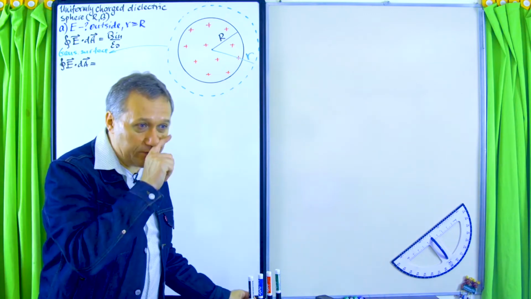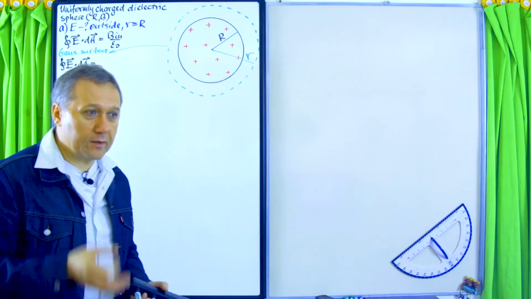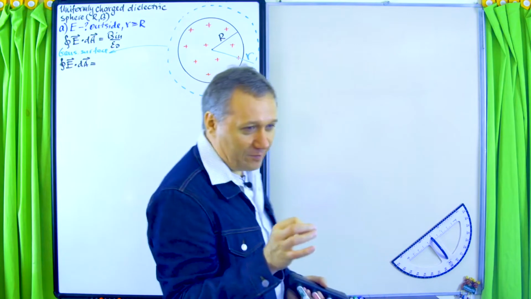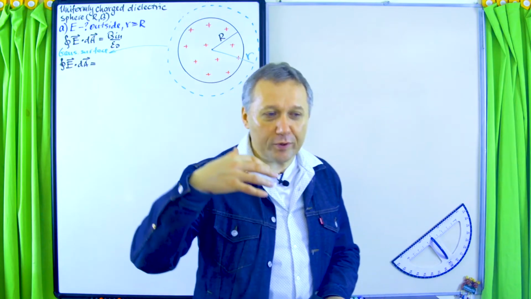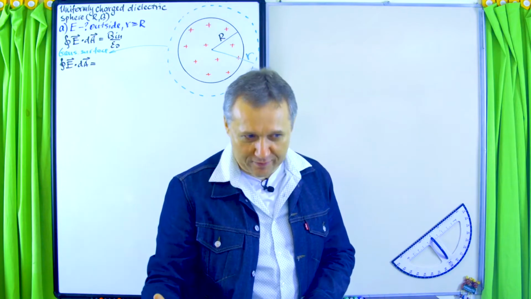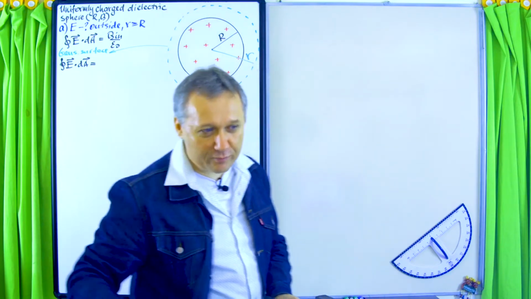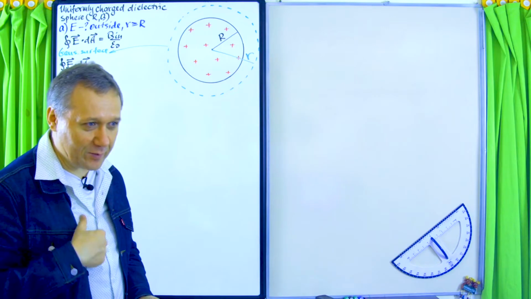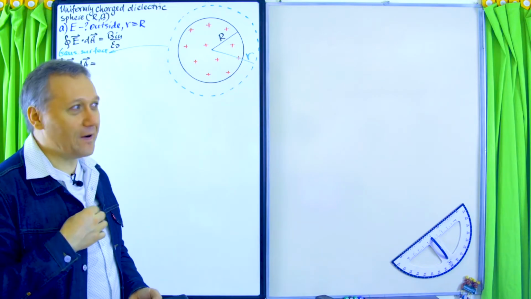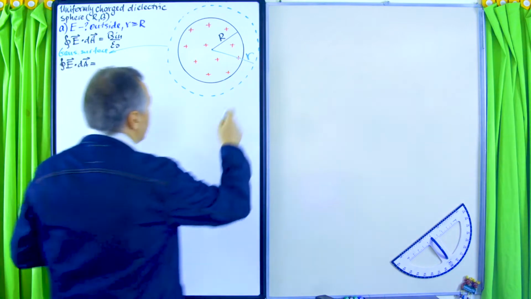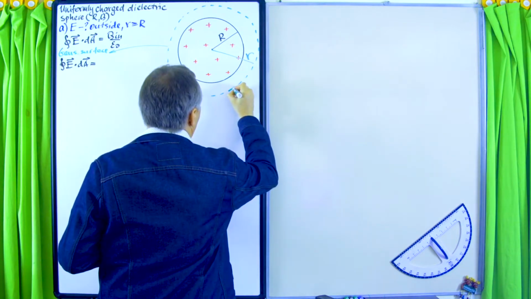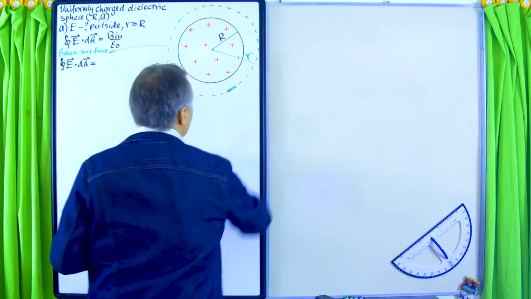And you remember the convention. The area vector must be perpendicular to the surface and point towards the outside, because of the convention you remember from the previous class when we were discussing the electric field. So if, for example, I take this small patch, it's a dA.